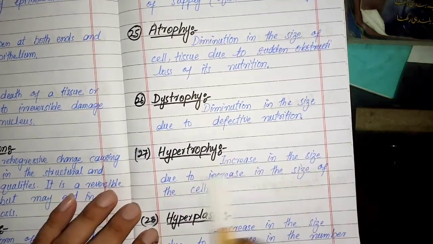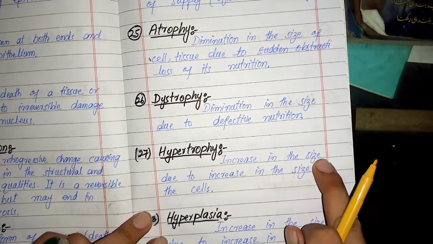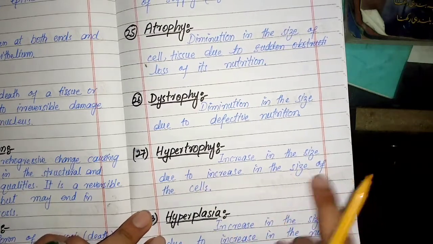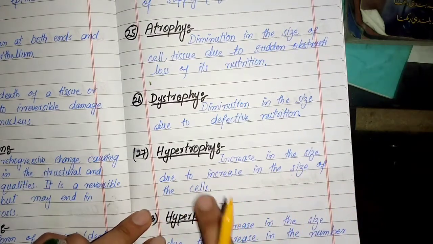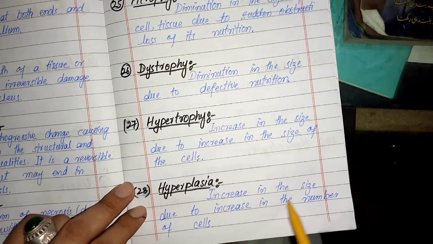Hypertrophy is an increase in the size of the tissue or organ due to an increase in the size of the cell. And hyperplasia is an increase in the size due to an increase in the number of the cells, so that is called hyperplasia, right?